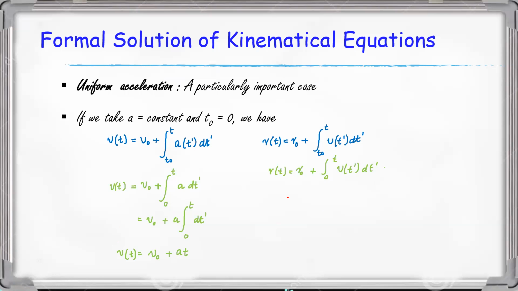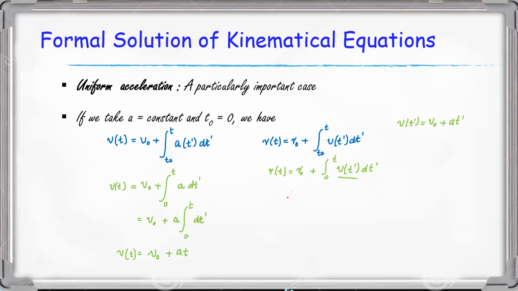Then v of t dash must be equal to v0 plus at dash. Substitute the value of v of t dash here.